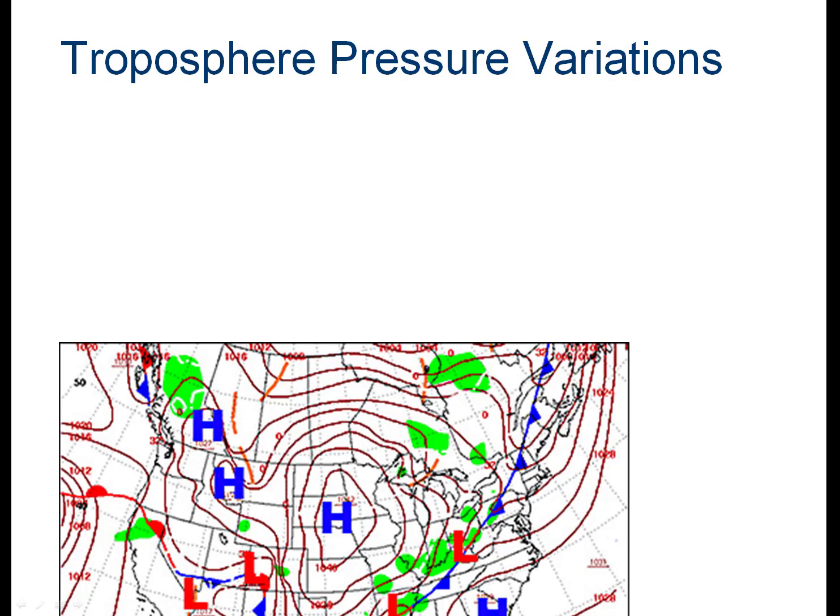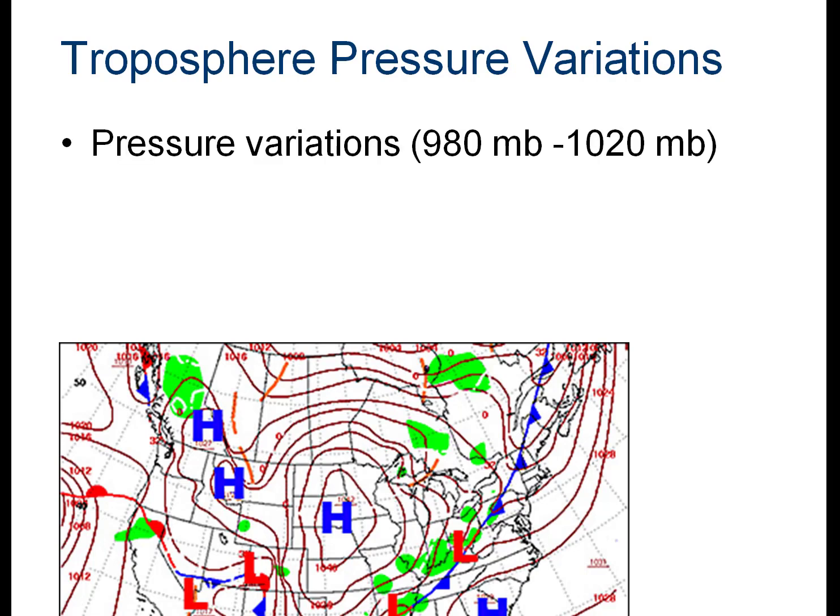That's a regional low. So those pressure variations, we get anywhere from about 980 millibars to 1,020 millibars. That's just a way of expressing how much the pressure is. There's not a lot of variation there.